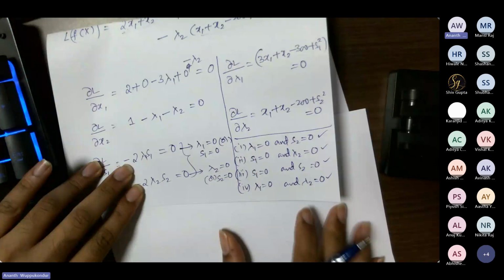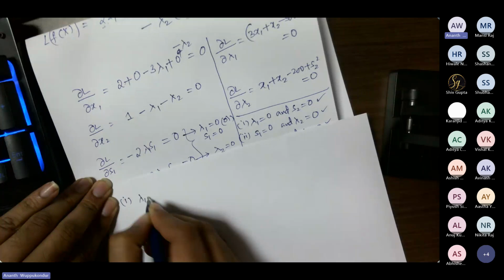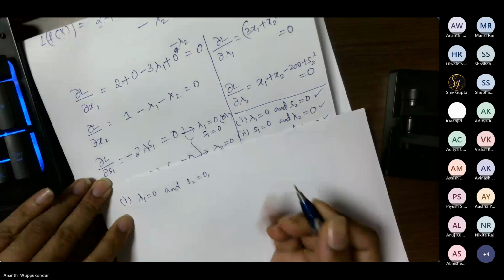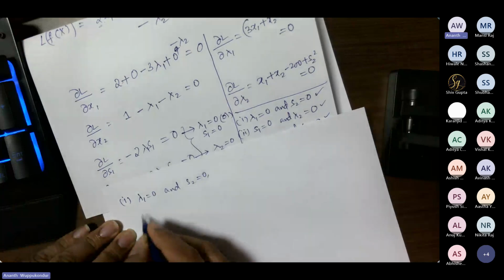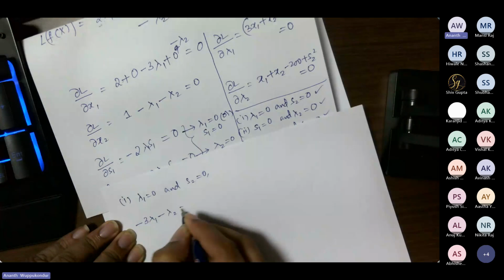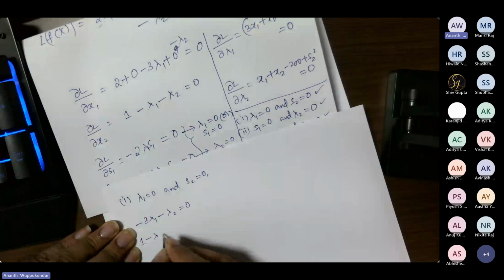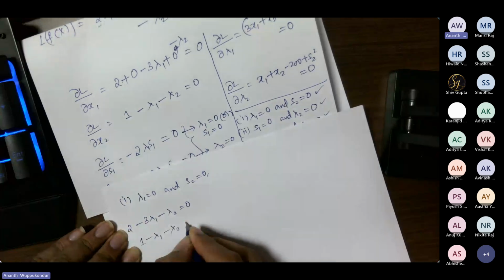So when we have lambda 1 equals 0 and S2 equals 0, the first function that we had is minus 3 lambda 1 minus lambda 2 equals 0. And the second one is minus 1 minus lambda 1 minus lambda 2 equals 0.